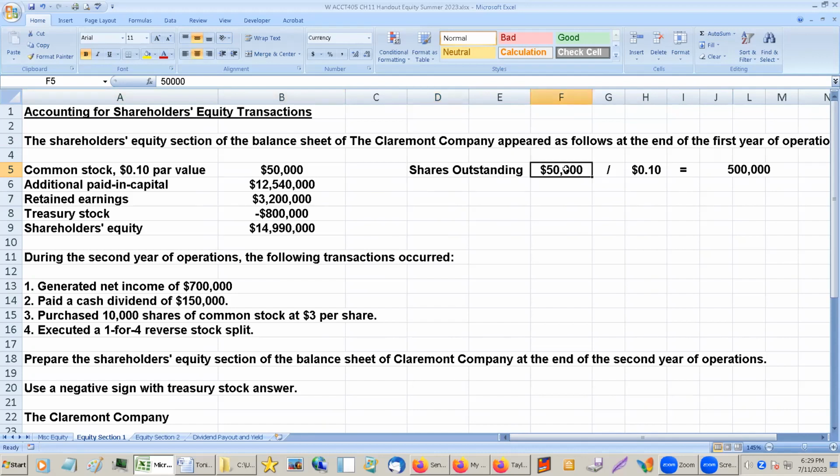They must have 500,000 shares outstanding, because it's 10 cents per share and $50,000 total. Additional paid in capital is how much they paid in addition to the 10 cents a share. We have retained earnings, and treasury stock, which is negative. All those together equal our shareholders' equity, so this will be the total.